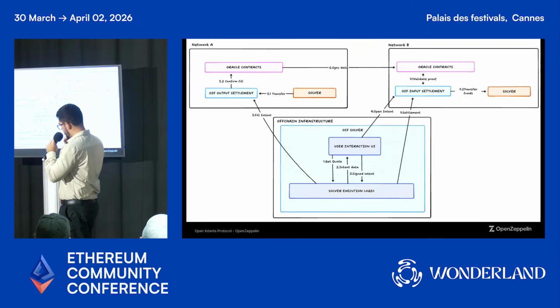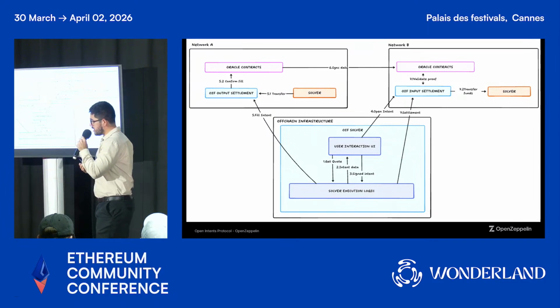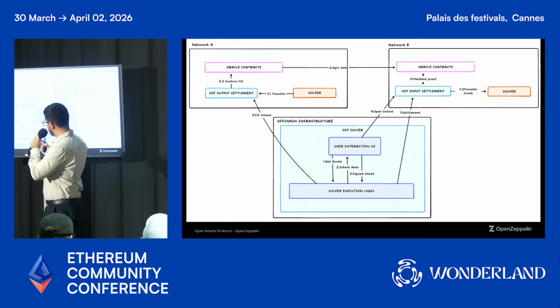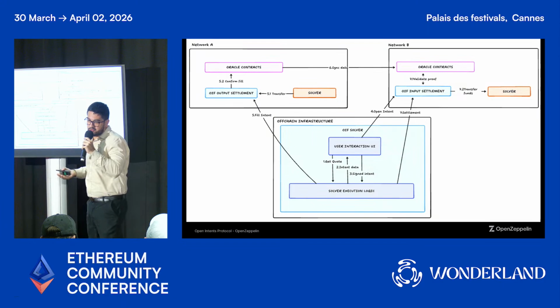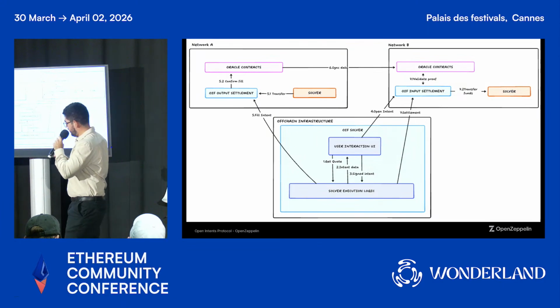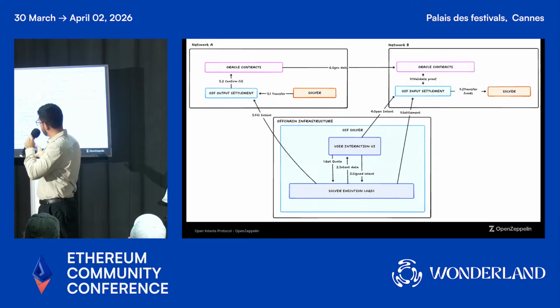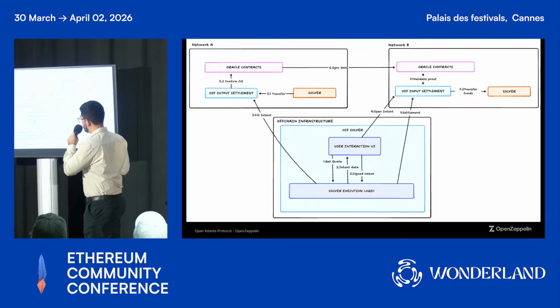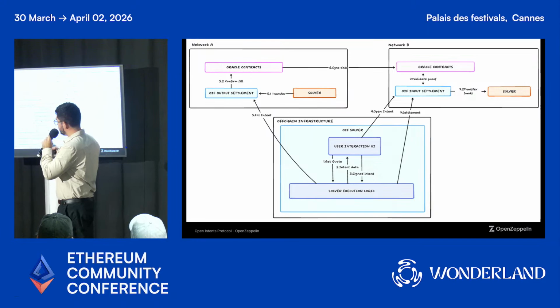And of course, in a securely guaranteed way, if they think that it's profitable, because they mostly don't do it for free, with a fee, they fill the intent in the output settler, and then start using oracles.